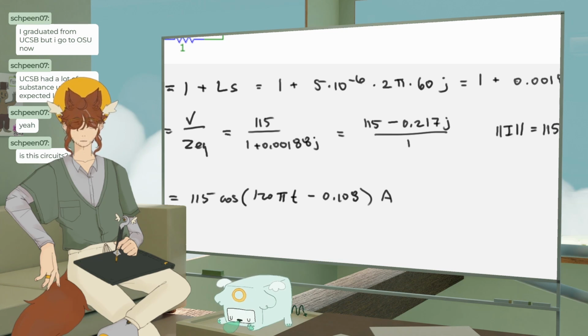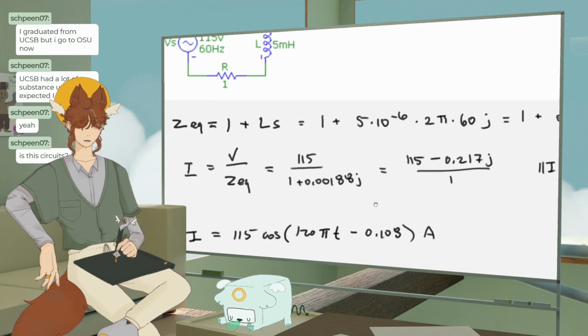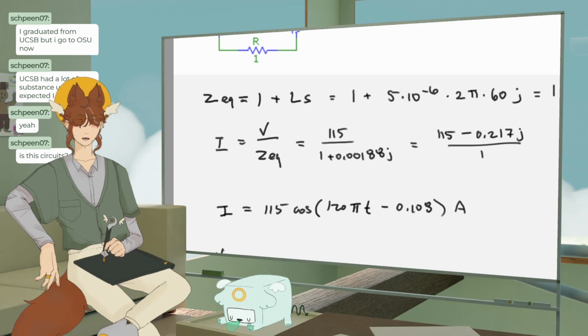Wait, but what is X? VL will simply, guys, voltage across the inductor times. Wait, what? Okay, guys, so the voltage across the inductor is the voltage across the inductor. What is XL?